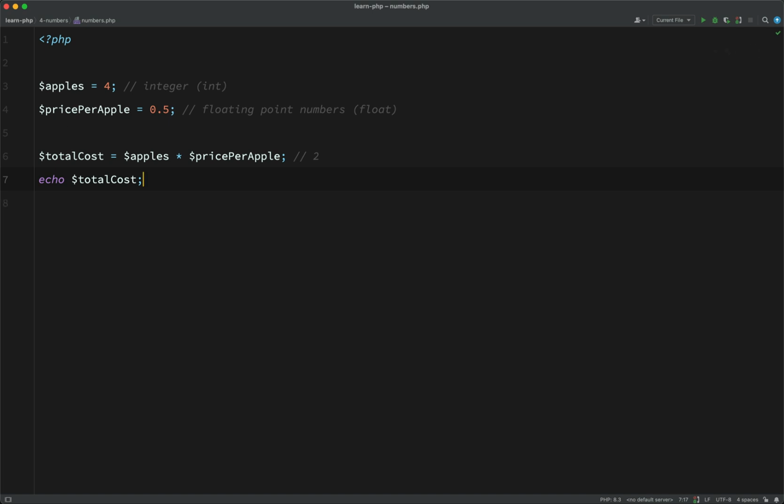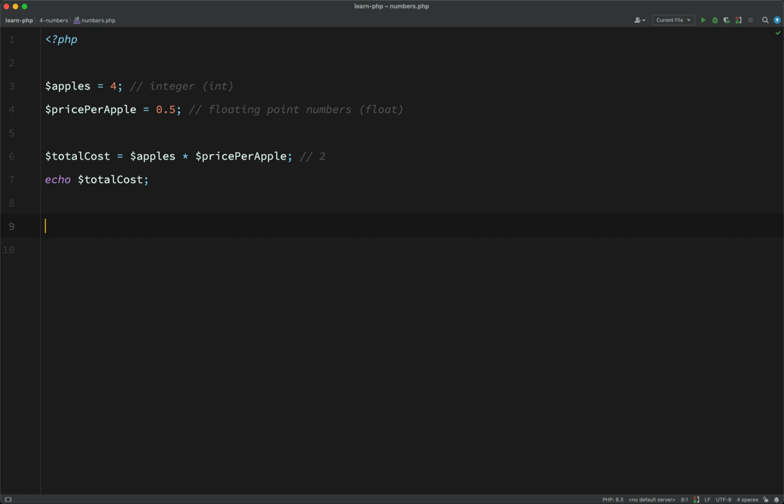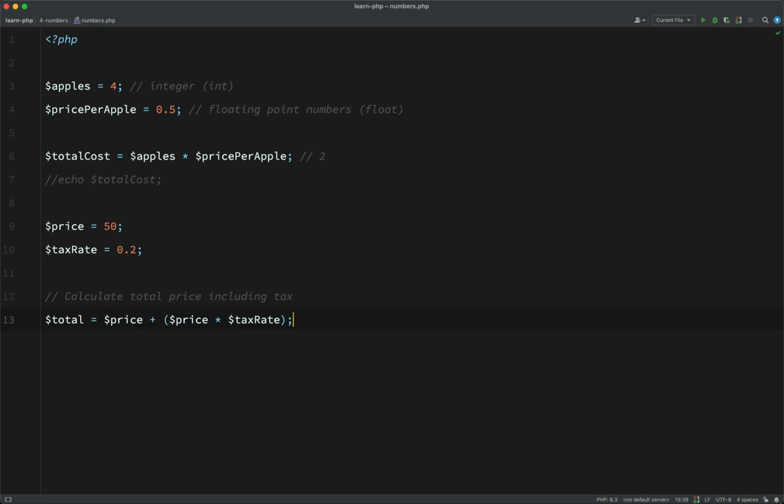Okay, let's have another quick example just to make that sink in. So say for example, I'll just comment out that echo so that that doesn't display. So say for example we have a price and we have a tax rate, and we want to calculate the total cost of something. The way that we could do that would be like this. So total equals the price, so the base price. We want to figure out the tax. The way we do that is to multiply the price by the tax rate, and so you'll notice that I'm using parentheses here.